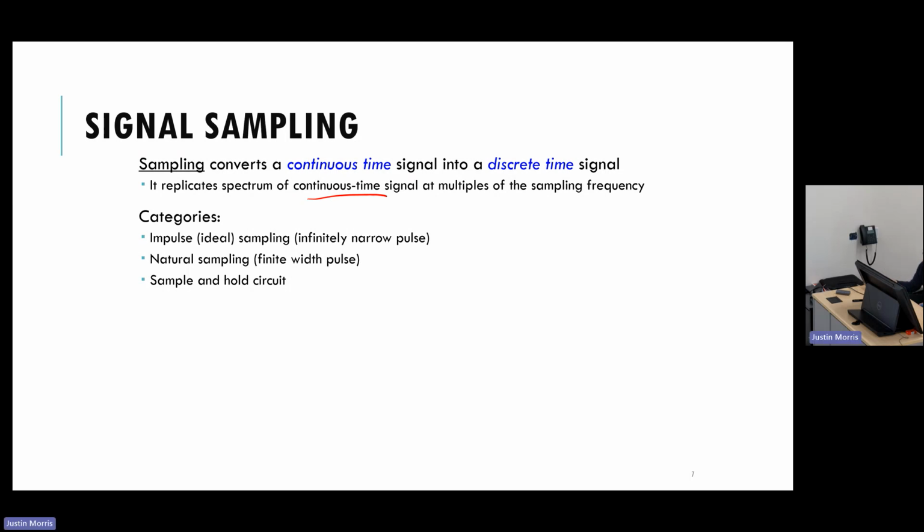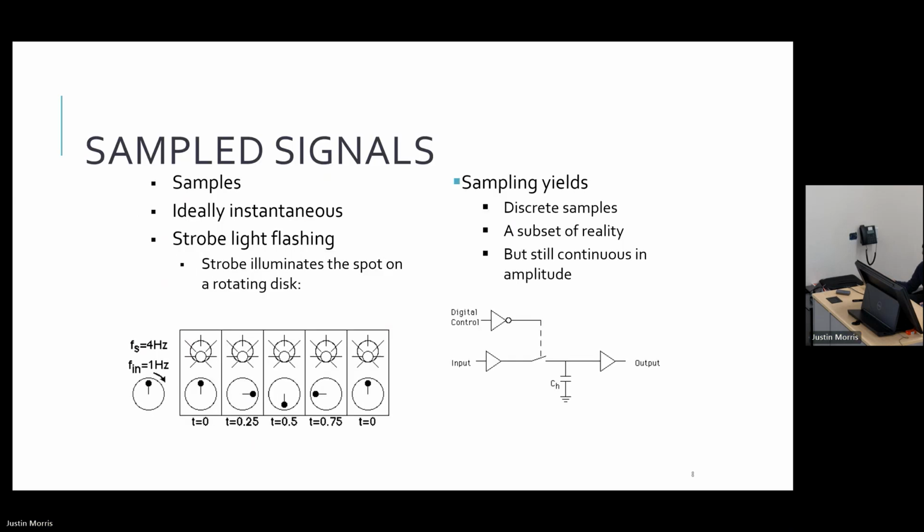So the way that we are going to sample these signals is with an impulse. And we have a sample and hold circuit in order to capture the value at that time. So here is a sample signal.